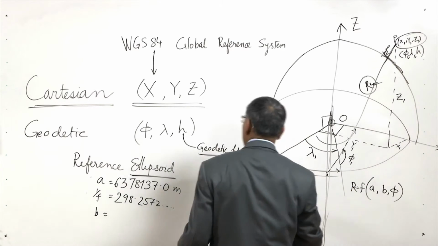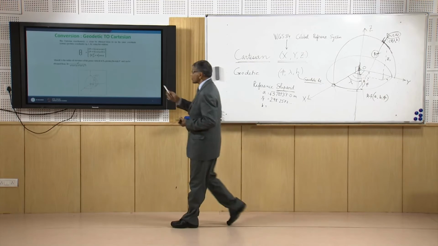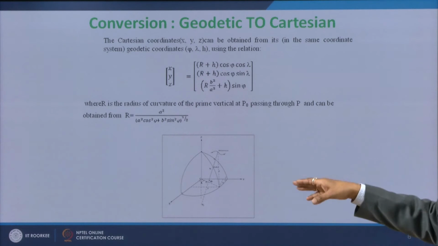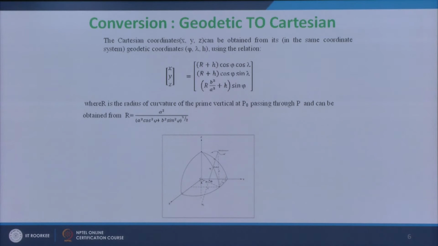It is given by the relation a squared divided by the square root of a squared cos squared phi plus b squared sin squared phi. Using this relation we can convert the geodetic coordinate to Cartesian coordinate, and by inversing we can also get the geodetic coordinate from the Cartesian coordinate.